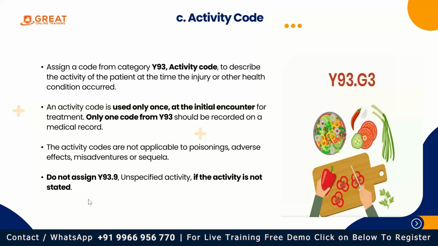But in case of place of occurrence and activity code, we don't need to use unspecified activity or unspecified place of occurrence code if it is not documented. If the activity or place of occurrence is not documented, you don't need to code it. And you have to code both types of code at the initial encounter.